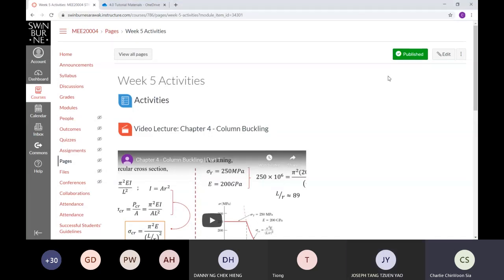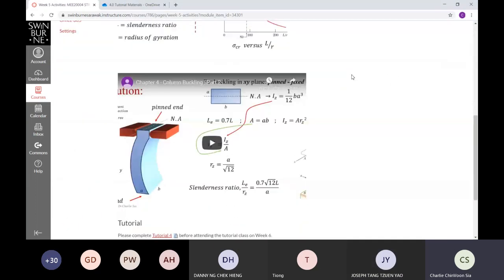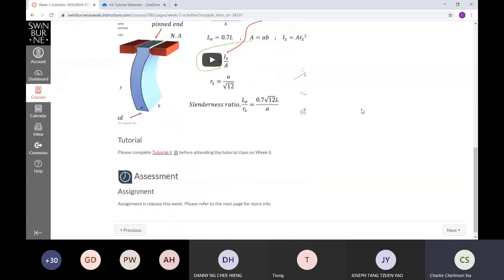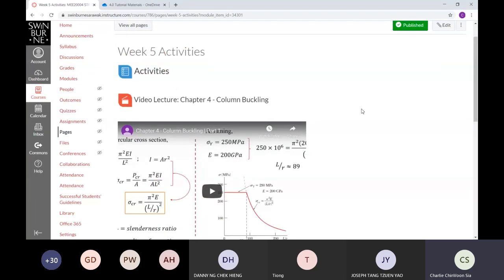The assessments and the marks for all the assessments will be announced soon, once we finalize with the counterpart on the Melbourne side.